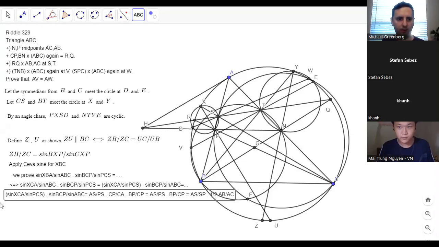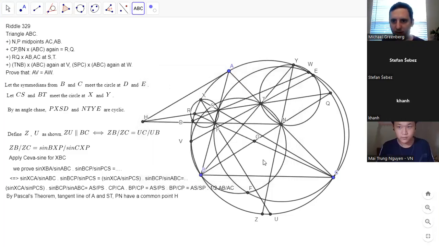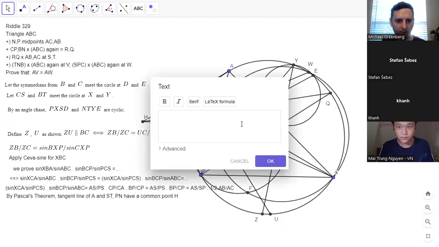Okay, so by Pascal's theorem, those have a common point H. And by Menelaus, this is true.